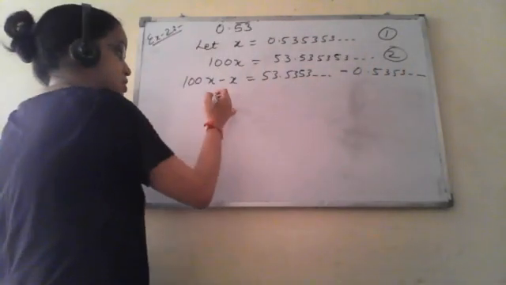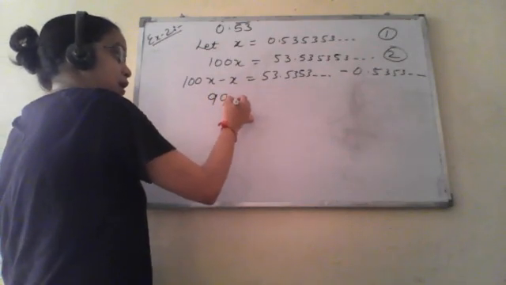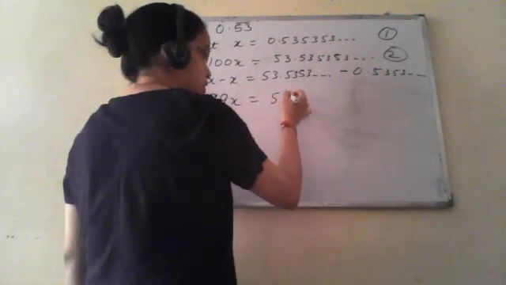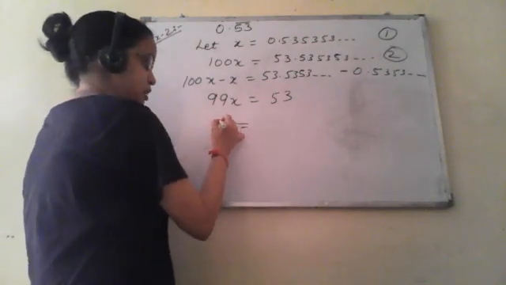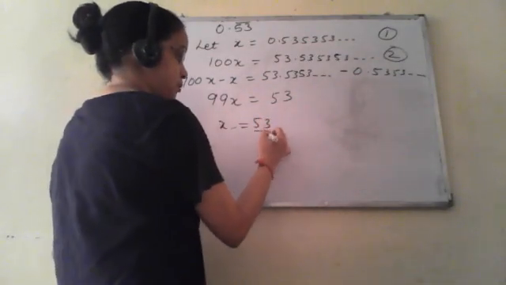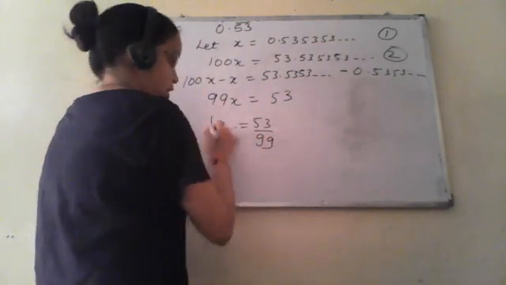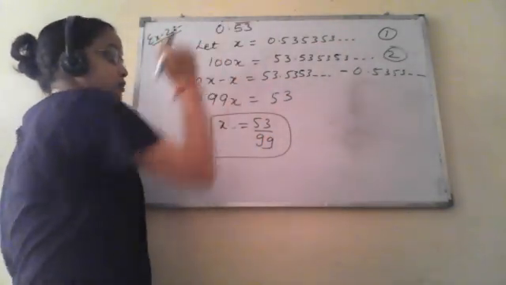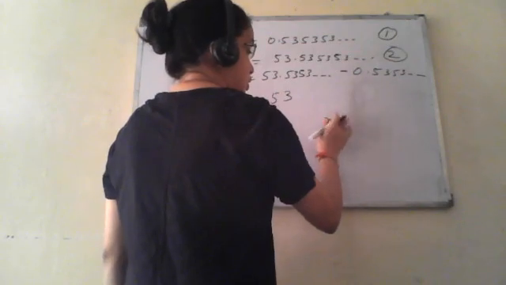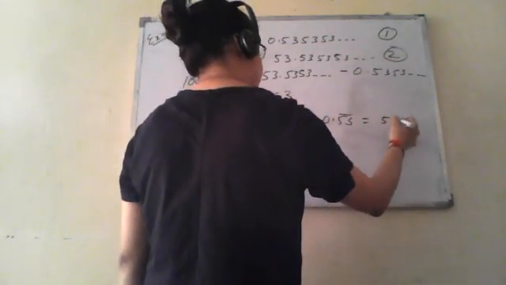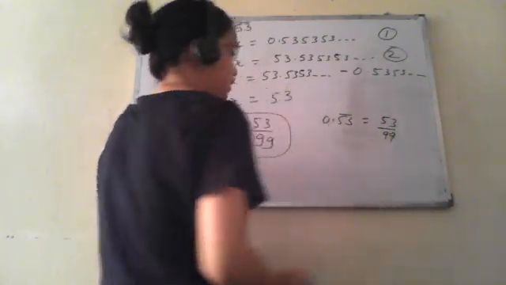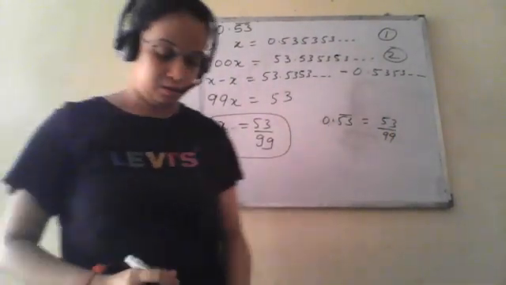Okay, so this is 99x, and this is 53. So x is 53 upon 99, and 0.53 bar can be represented as 53 upon 99. It is in the form of p upon q.